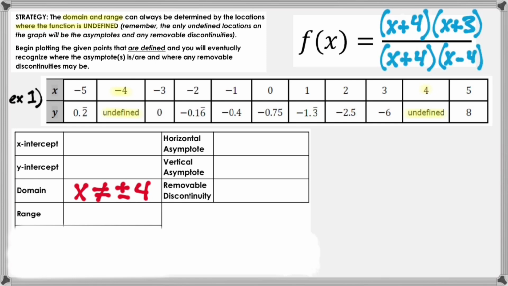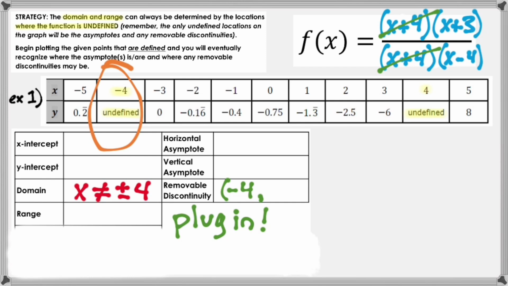Okay. Next, notice that you were able to cancel out the x plus 4. That means you're going to have a removable discontinuity at negative 4. So this value was not an asymptote. That's representing a removable discontinuity. And you'll have a chance to practice this on the next slide where you're not going to have the graph.